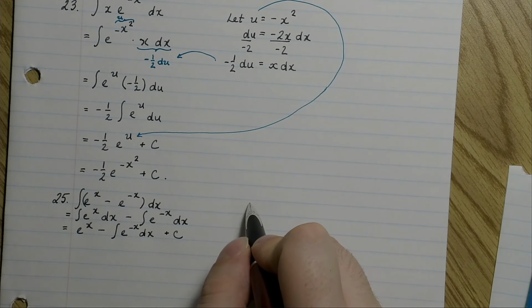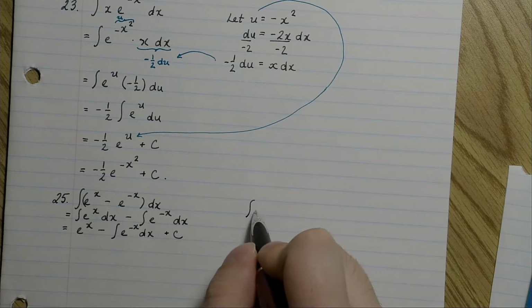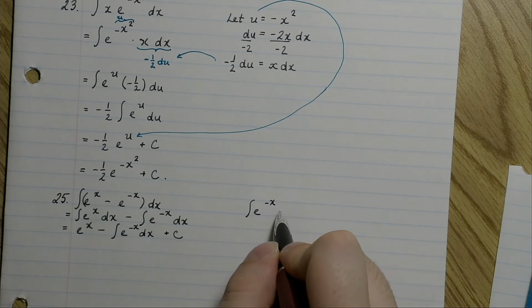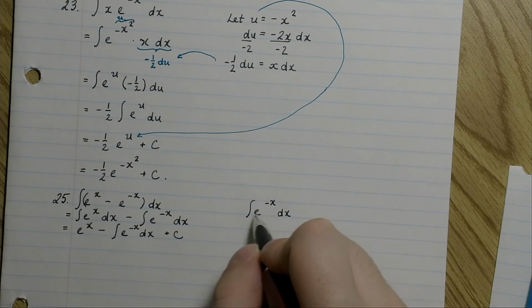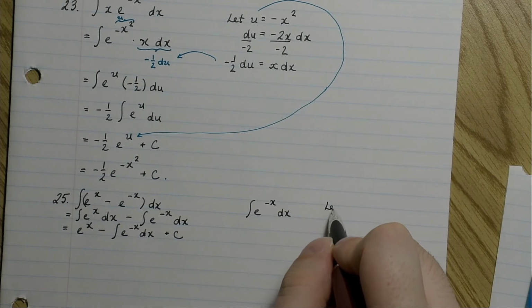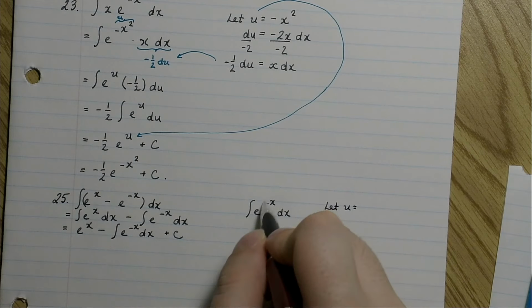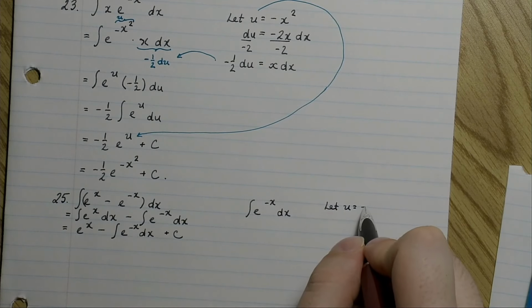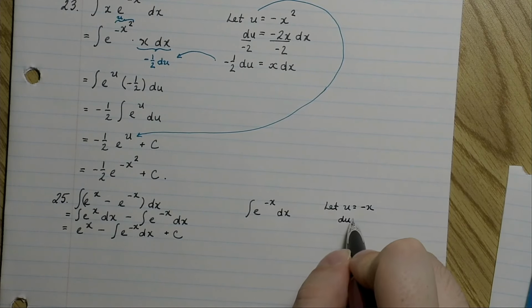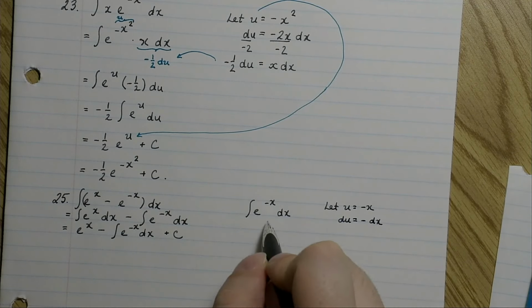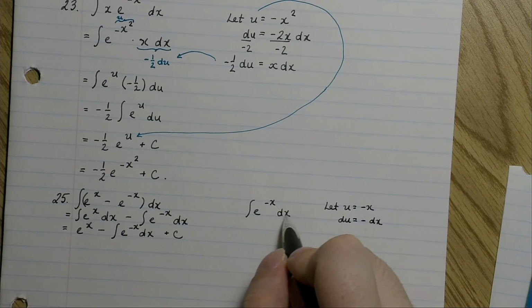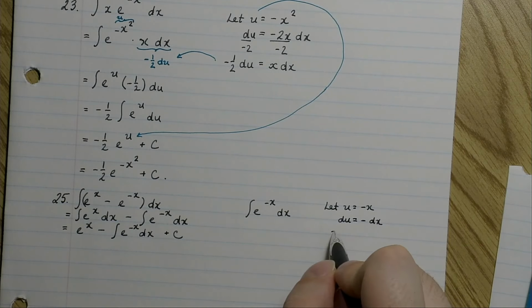Now what I'll do over here on the side, I'll do e to the minus x dx. Again, we don't have that rule, but we'll let u be the complicated part here, which is the minus x. And if I differentiate that, I just get a minus dx. And I need to replace the dx, so I'm going to bring that negative over to this side.